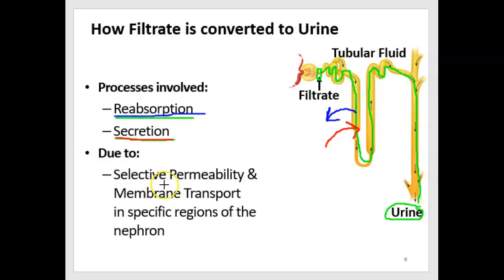So the permeability is selective in different regions of the nephron. And it will also depend on mechanisms of membrane transport that occur in the proximal convoluted tubule, the loop, or the distal convoluted tubule, as well as the collecting duct.